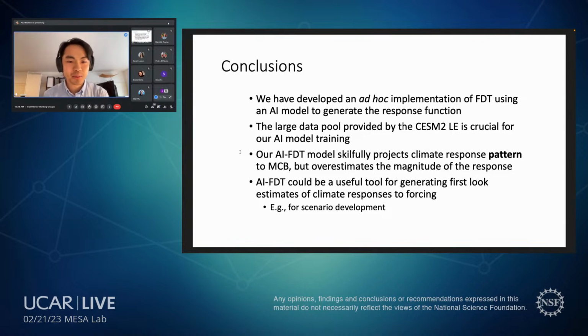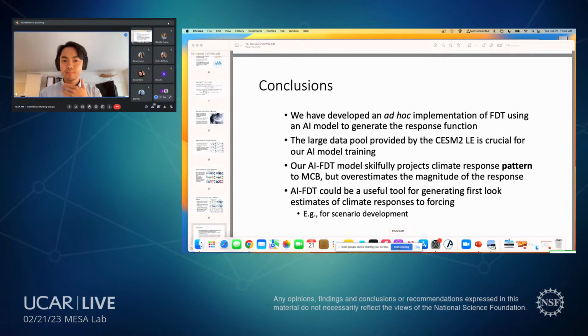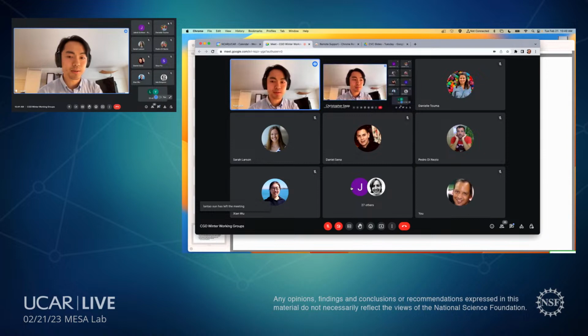Yeah, I have a couple of possible culprits. For one, I think we do need to go back into the FDT theory and, if you recall that linear response operator, first there's the covariance matrix at the different lags, but there's also that inverse of the autocovariance matrix.